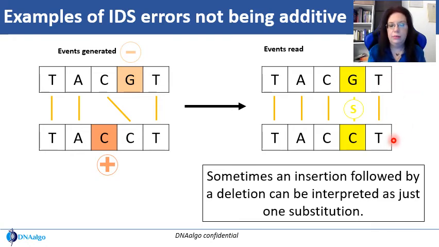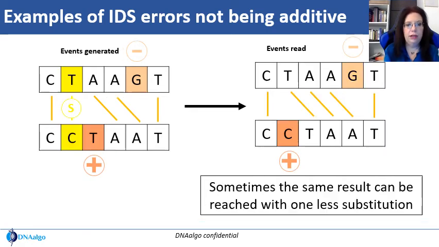The edit distance between these two strings is 1, and it can be explained by just one substitution, G became C. So in this case, what actually happened, which was two errors, is instead explained as just one error, just one substitution.